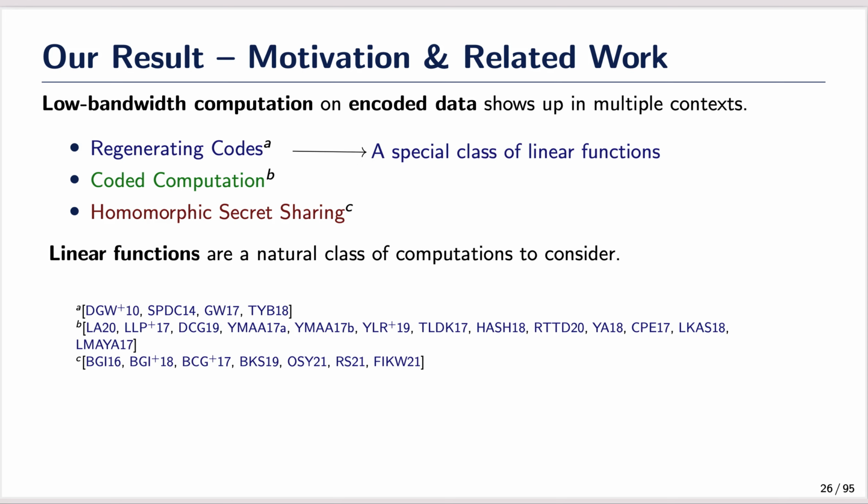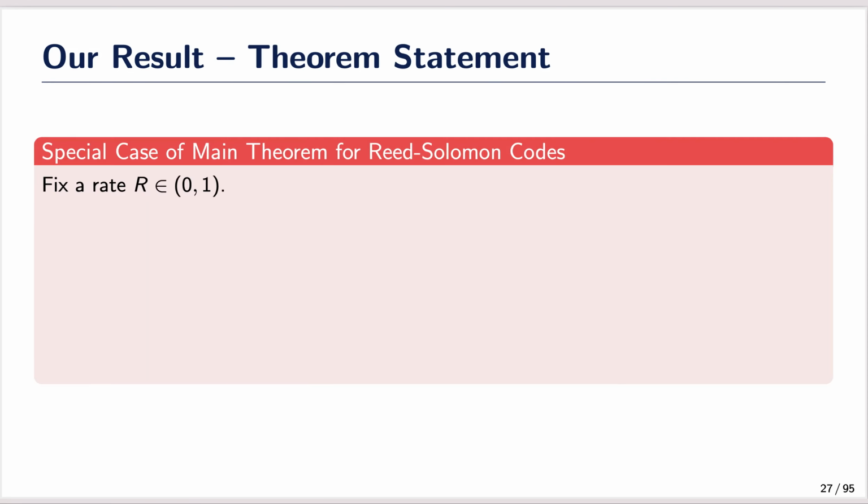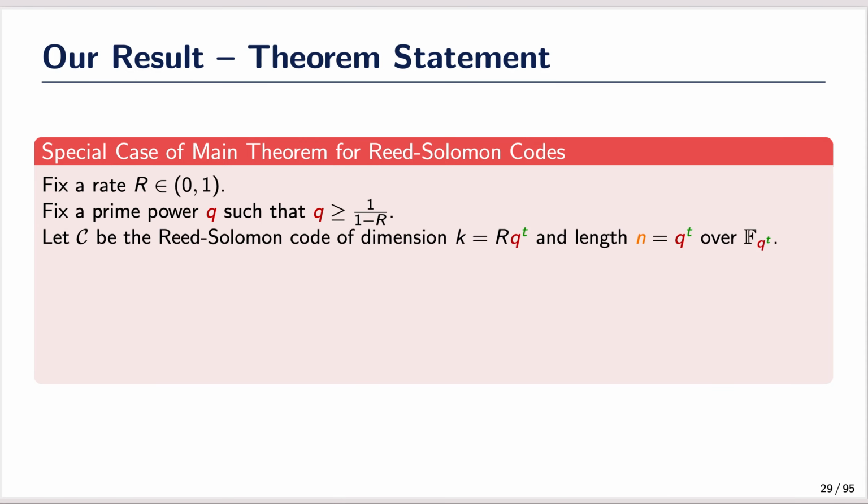and we take the first step in computing these arbitrary linear functions. So what our specific result is, I'm just going to state it here for some fixed rate r, and then based on the rate, we'll fix a sufficiently large prime power q. And we'll consider the class of Reed-Solomon codes of dimension k, which is r times q to the t, and full length, meaning we use all the evaluation points in our field, F_q to the t.